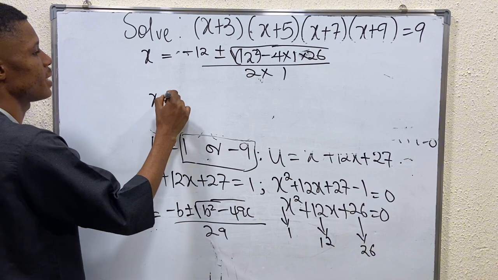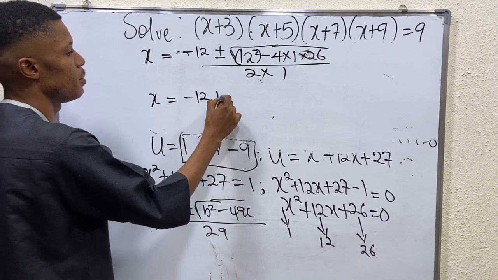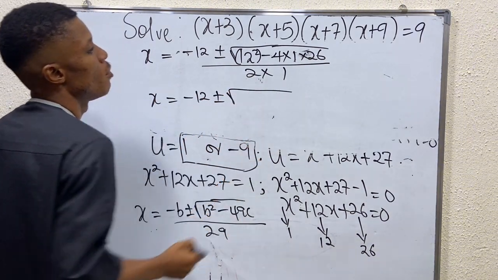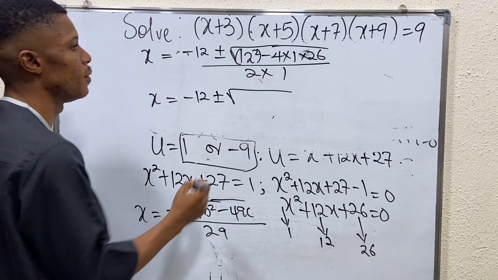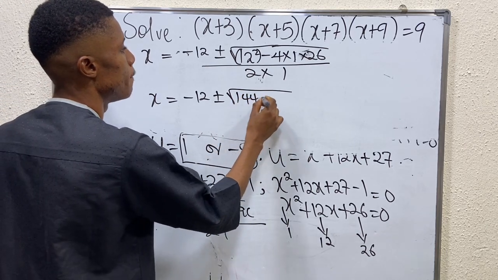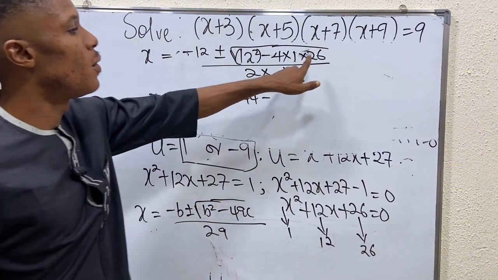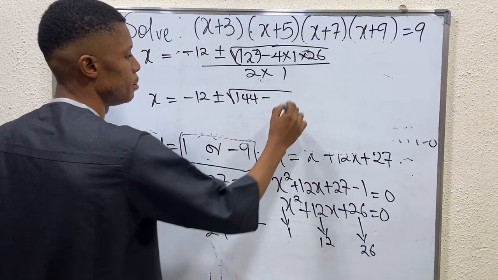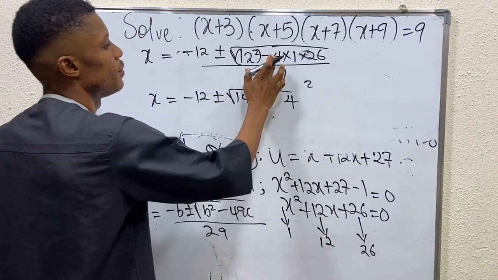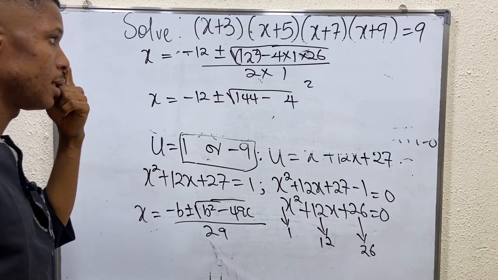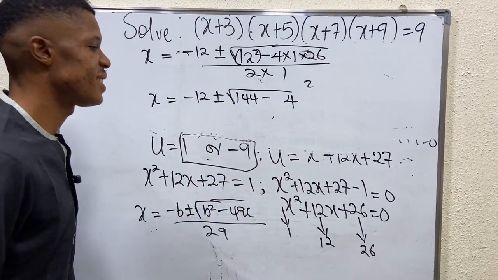We have it that x is equal to minus 12 plus or minus the square root of 12 squared, which is 144, minus 4 times 1 times 26. 4 times 6 is 24, you write 4 carry 2. 4 times 2 is 8, and 8 plus 2 is 10.